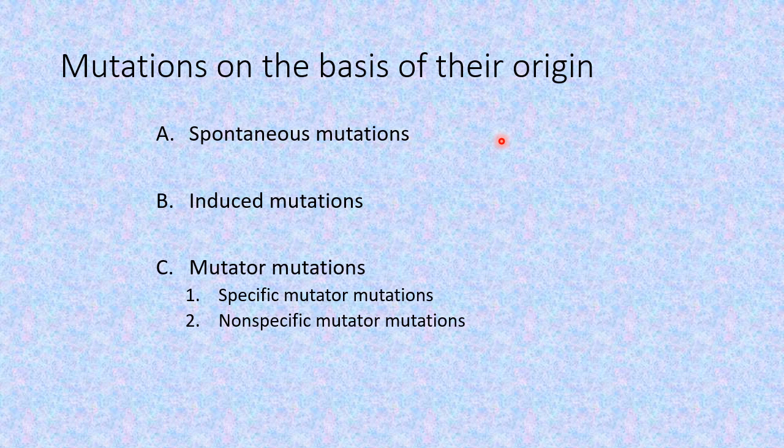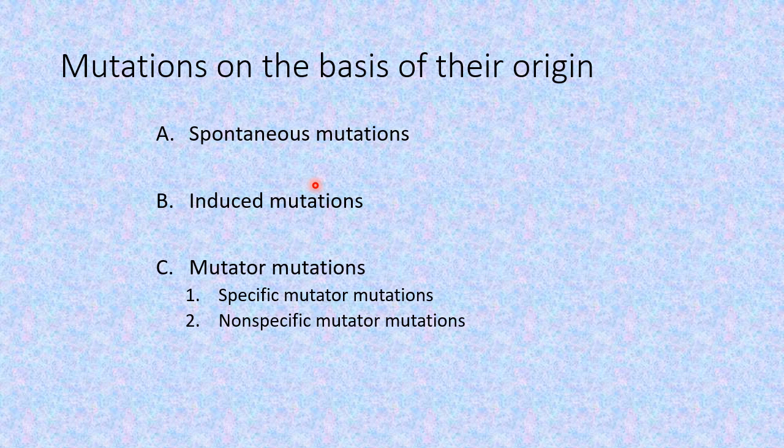Now, on the basis of the origin, that is, what is the source of that inheritable sudden change in the nucleotide sequence that occurred, there may be three sources of origin of mutation. One may be spontaneous in nature, on its own.